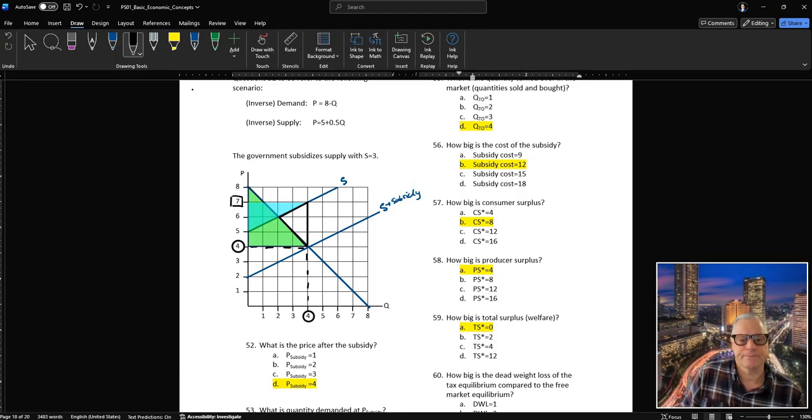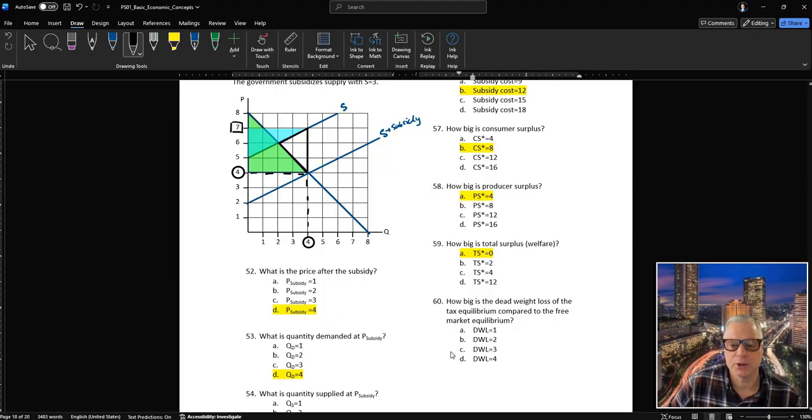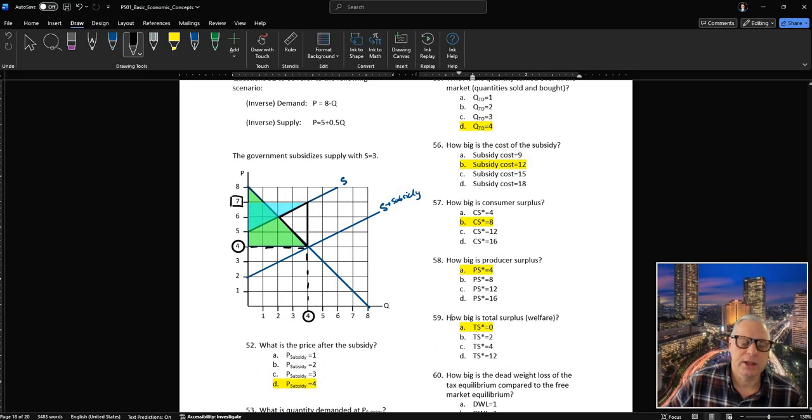This triangle here is 1, 2, 3 in height, base 2, 2 times 3 is 6, over 2 is 3. So the deadweight loss is 3. And what that is, we have a deadweight loss which is the result of an inefficient overproduction. Why is it an inefficient overproduction?